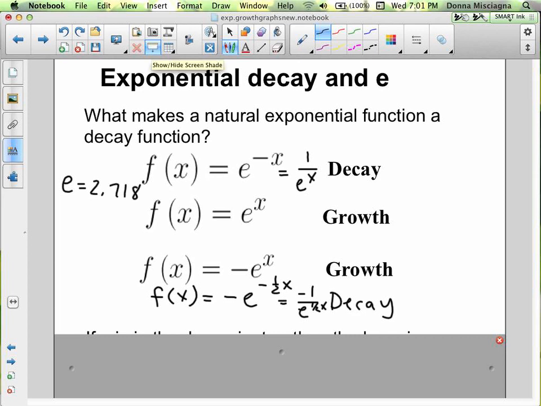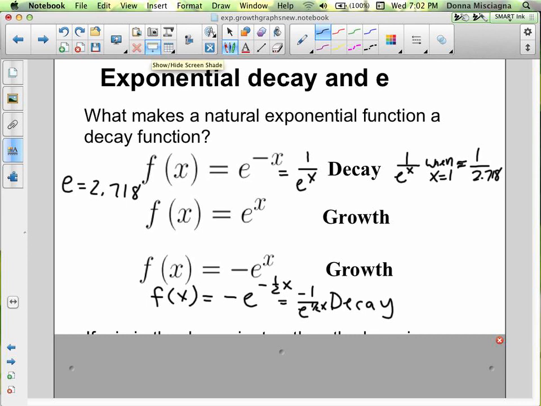All right? So if I have 1 over, so if I've got e to the x there, if it's even e to the first power, and our x is 1, that's going to be approximately equal to 1 over 2.718.